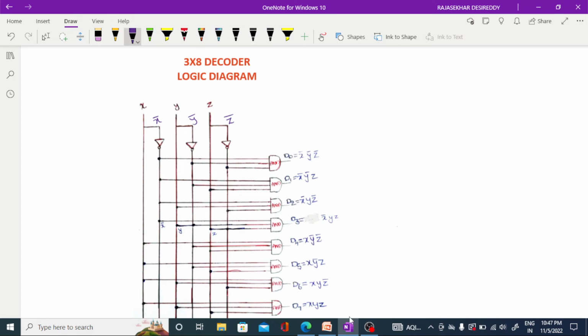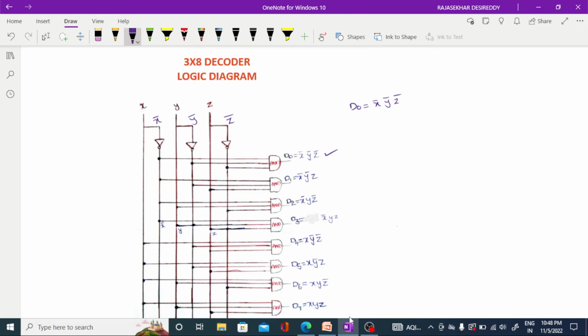And now what is the D0 expression? D0 expression is X bar, Y bar, Z bar. So just simply join the X bar line, Y bar line, Z bar line, and connect to one AND gate, because it is multiplication. That's the reason the AND gate is used. So D0 is equal to X bar, Y bar, Z bar.